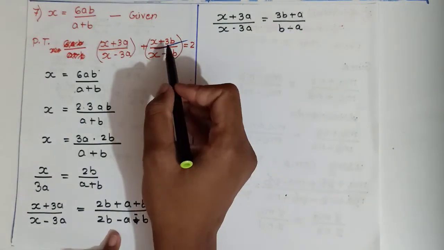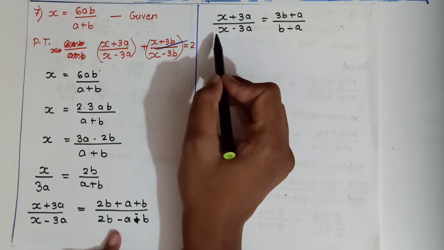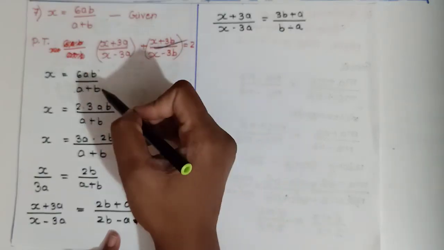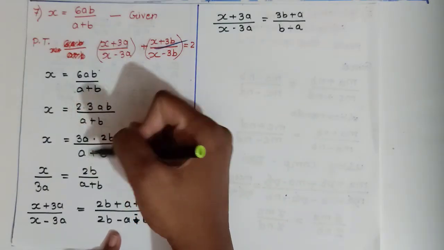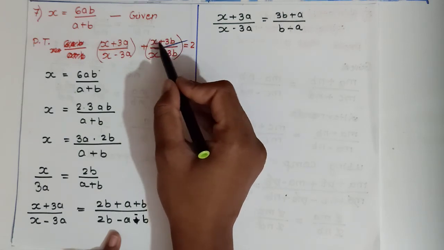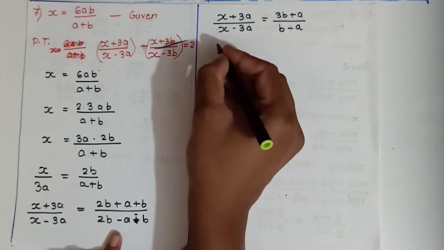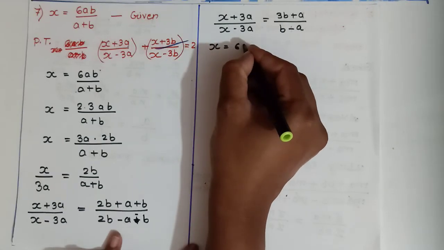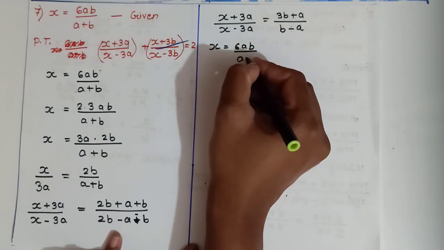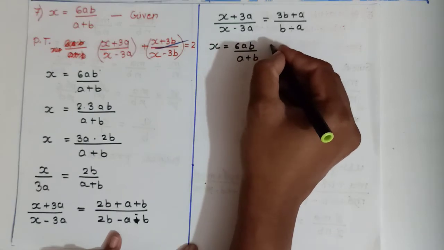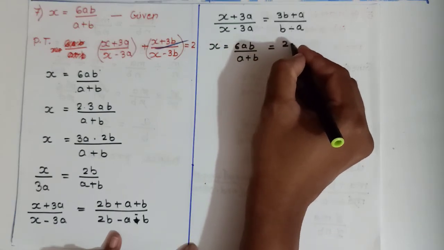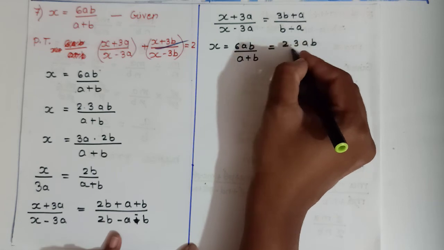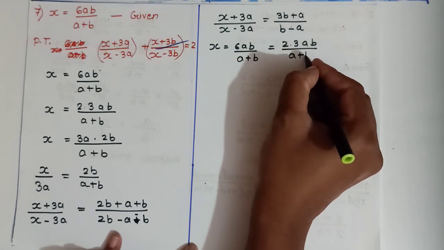Now since what I have got is x plus 3a and x minus 3a, again the same thing I will be using, and I will find the terms in terms of x plus 3b. So let's do it. x equals 6ab upon a plus b, which equals 2 into 3 ab divided by a plus b.